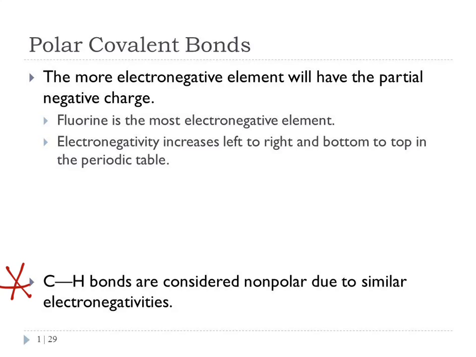We'll see a lot of carbon-hydrogen bonds. So the rule of thumb I give my general chemistry students is, if the elements are different, it's probably polar. If the elements are the same, it's always nonpolar. But this is an exception to my little rule of thumb. Carbon-hydrogen bonds are considered nonpolar. Okay?